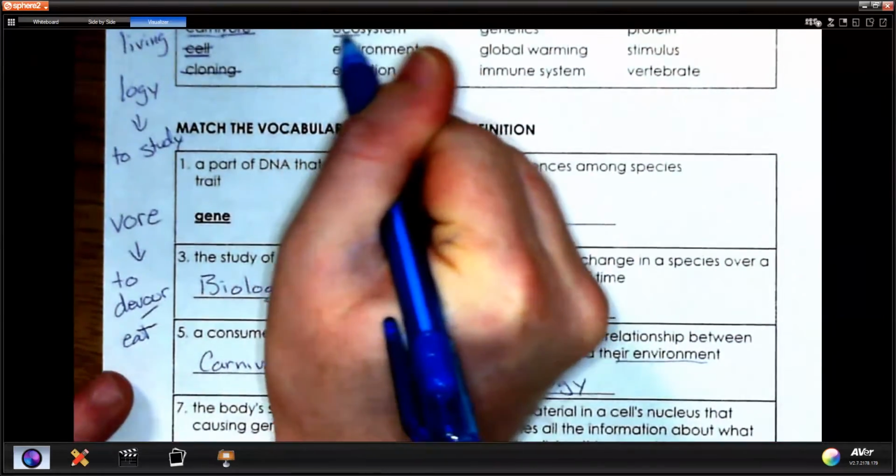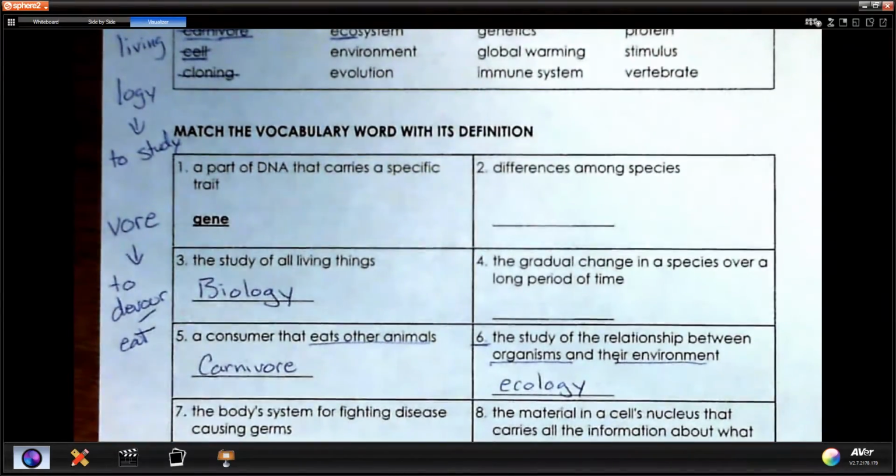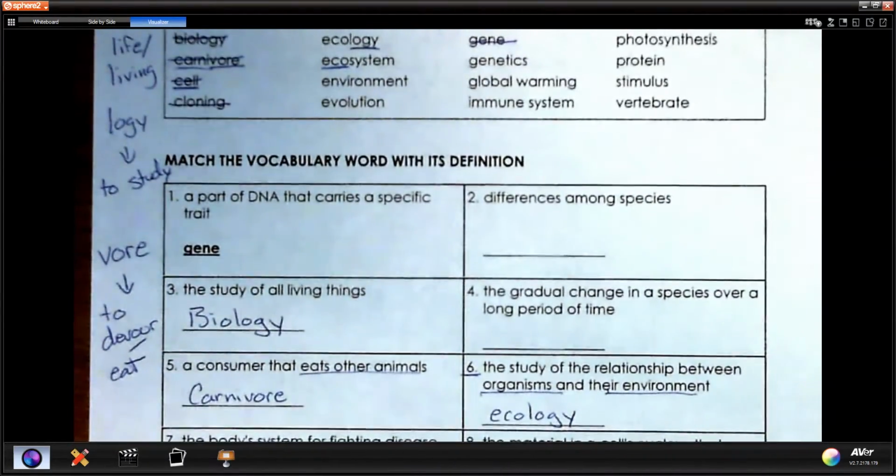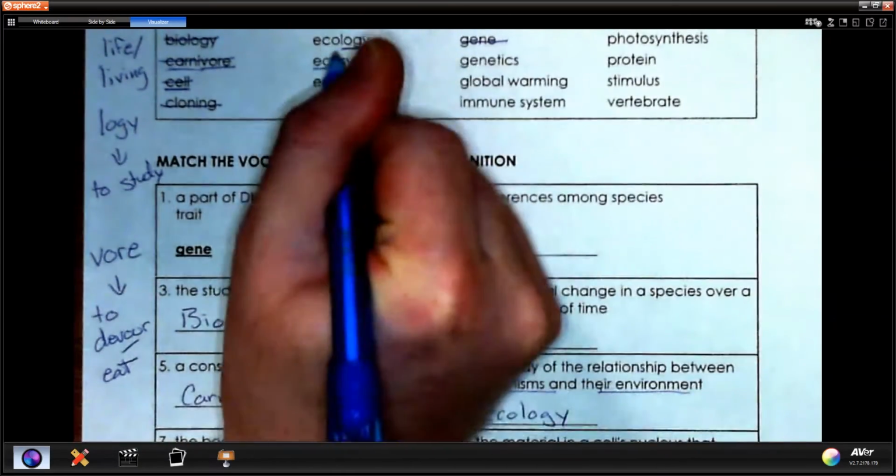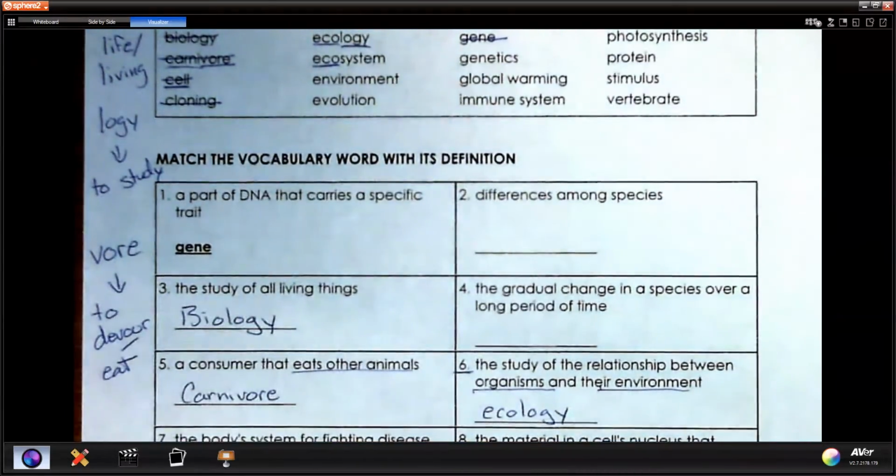So when you see that eco thing, right? Ecosystem, ecology. What do you think of when you see eco? Oh, we need to be eco-friendly.